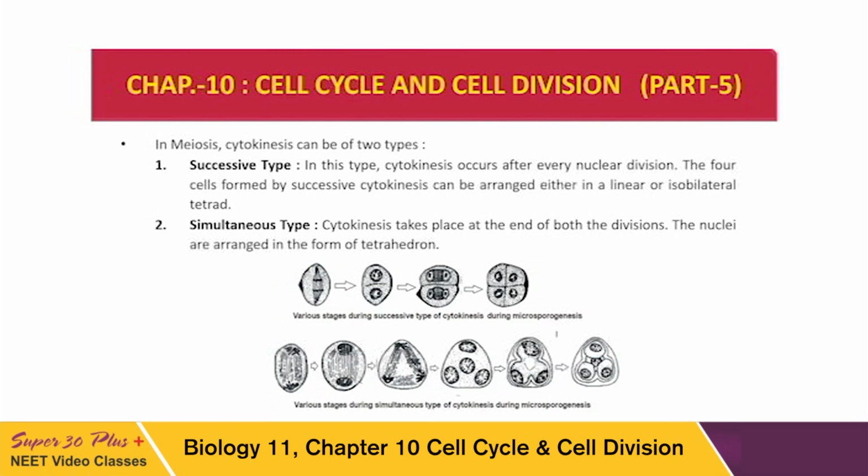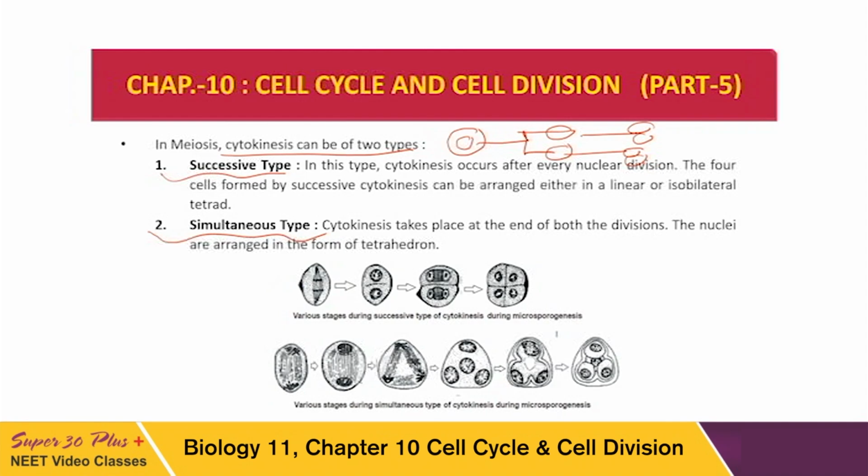You see here, in case of plants especially, in meiosis, cytokinesis can be of two types. One is called successive type, another is called simultaneous type. Children, basically in meiosis a cell will divide and initially two cells will be formed, and then four cells will be formed.